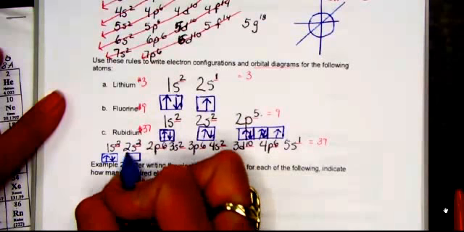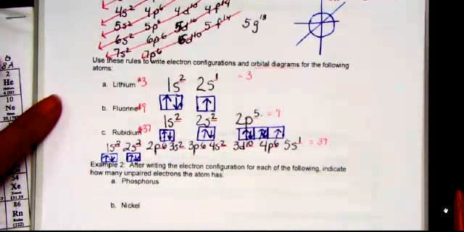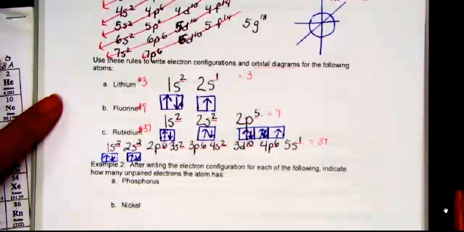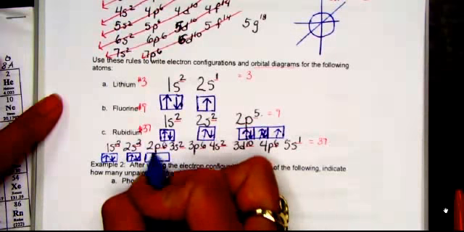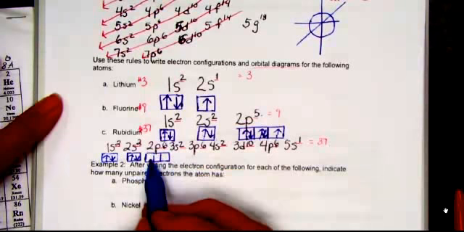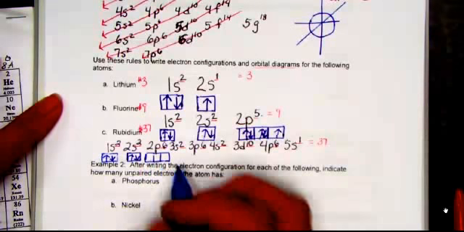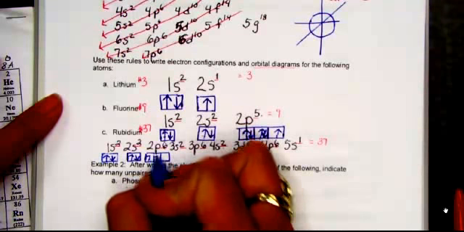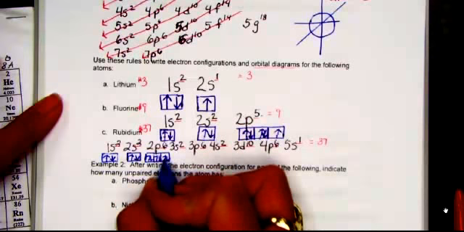The 2s orbital, with its 1 spatial orientation, holds 2 electrons, one spinning up and one spinning down. There are 6 electrons in the p sublevel, so I need 3 degenerate orbitals, a px, py, pz, 3 different spatial orientations. Place 1 electron into each orbital first, and then go back and give a partner.